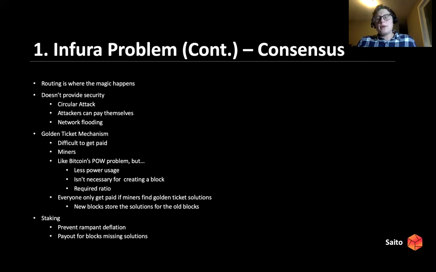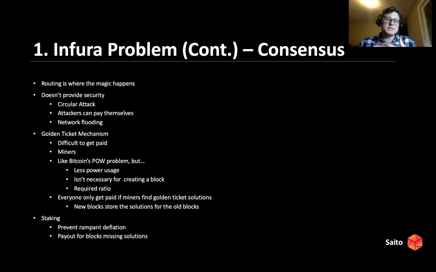Now, if I were to post a block without it containing a golden ticket solution to the previous golden ticket problem, then that would make it so that nobody gets paid, or at least the miners and the routers who participated in the creation of that previous block would not be paid. And as we can see, if we do have a continuous pattern where blocks are posted without golden ticket solutions, then fees are actually locked up within the network, and that's why Saito introduces this other mechanism for staking.